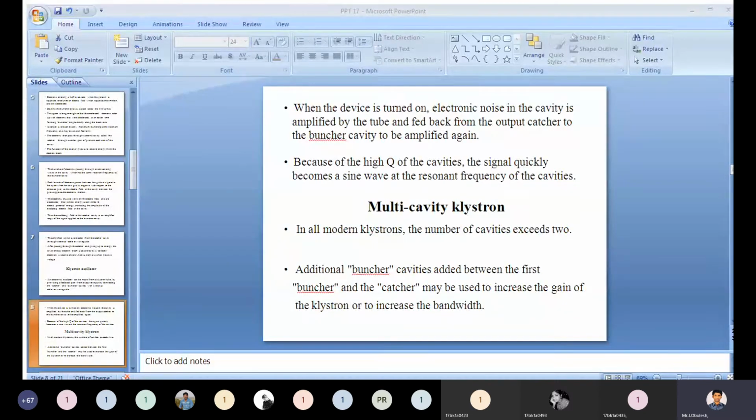This is the reflection klystron, which was made by Russian scientists. This is a low power Russian reflection klystron from 1963.